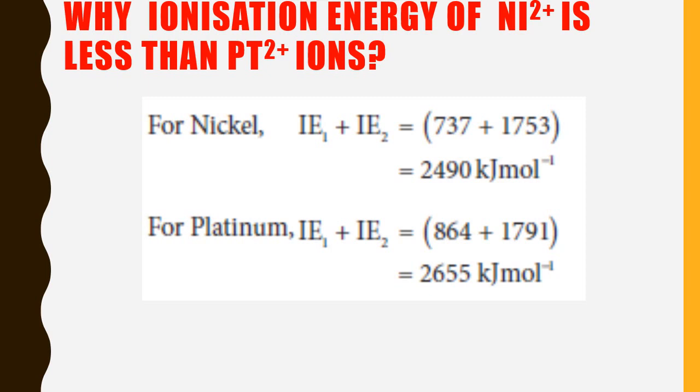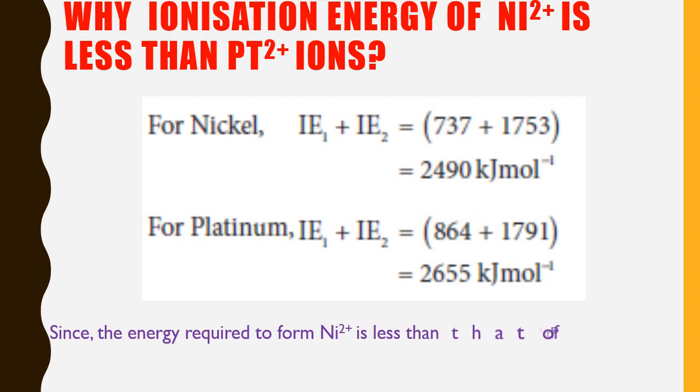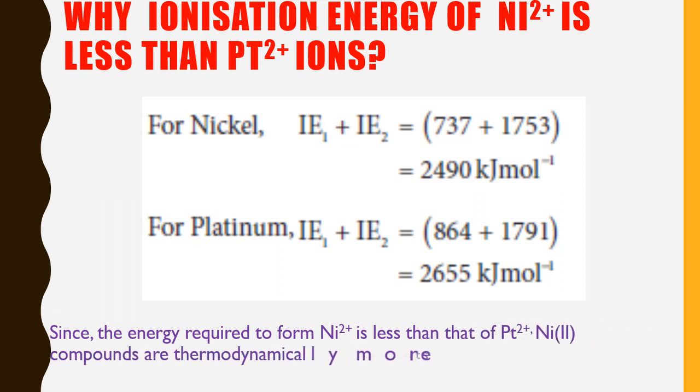Here nickel is on top, platinum is down, but it is exceptional because platinum is greater than nickel. Since the energy required to form nickel 2 plus is less than that of platinum 2 plus according to the values, nickel 2 plus compounds are thermodynamically more stable than platinum 2 plus compounds.